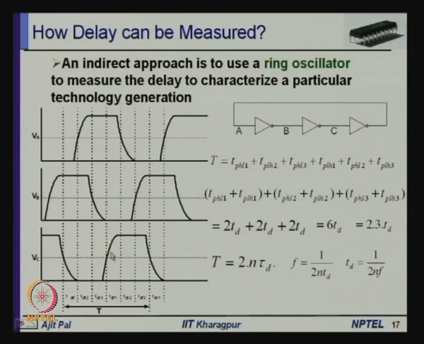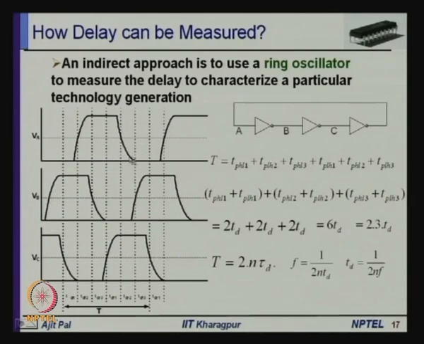Similarly, this will lead to a transition of the next inverter from low to high, so point C will have a transition from low to high after the delay time. The output of C is essentially point A. So point A will now switch from high to low, because C has changed from low to high.